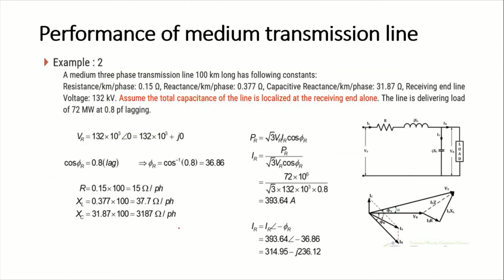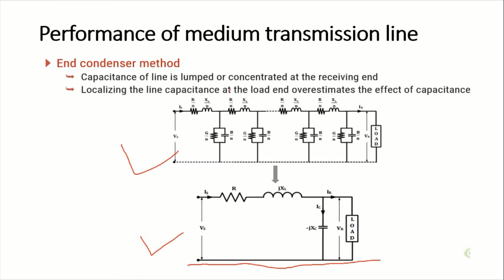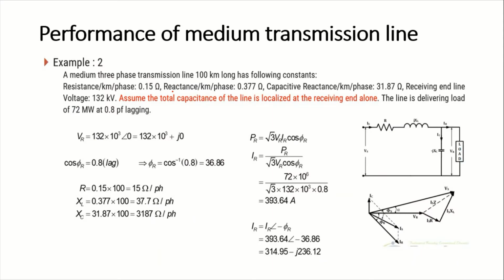Next, we can understand this end condenser method by using one example. The example question is: a medium 3-phase transmission line 100 km long has the following constants. Resistance per kilometer per phase is 0.15 ohm, reactance per kilometer per phase is 0.377 ohm, capacitive reactance per kilometer per phase is 31.87 ohm.